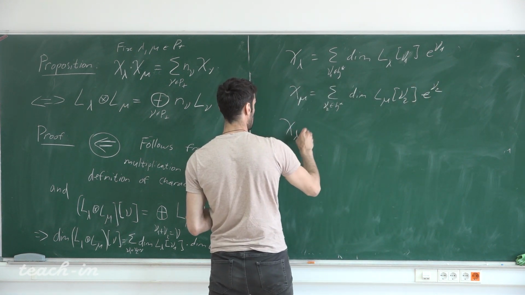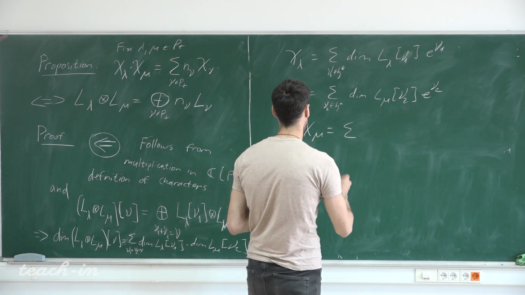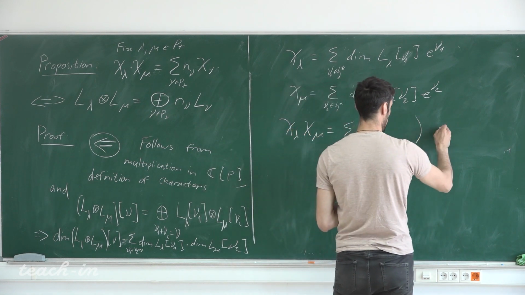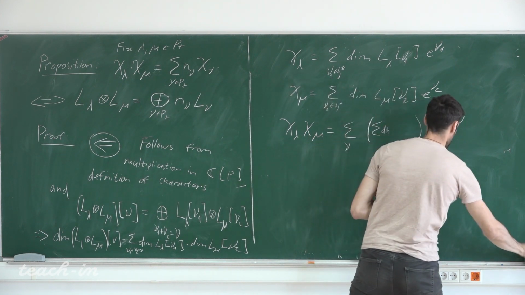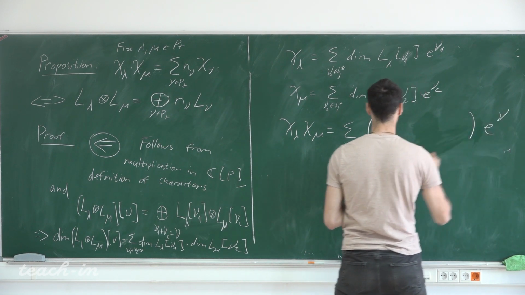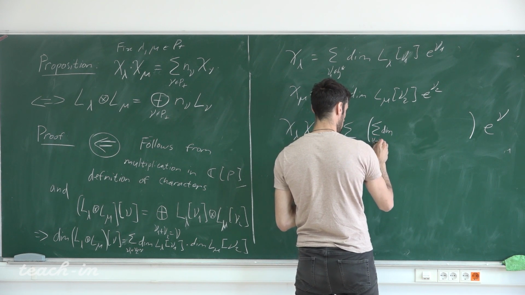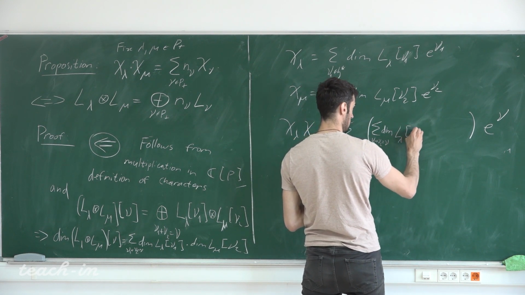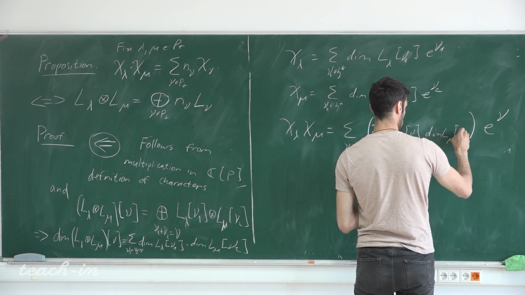And then ch lambda ch mu is a sum over nu, and if you multiply these two series, the coefficient for e to the nu will be exactly the sum over nu 1 plus nu 2 equals nu of dimension L lambda nu 1 times dimension of L mu nu 2.